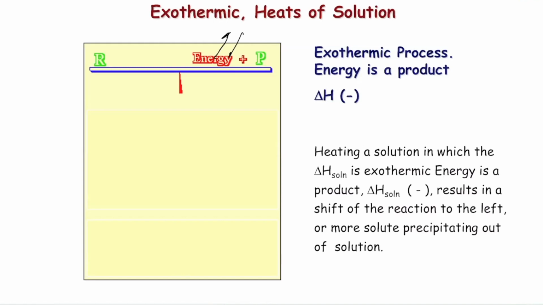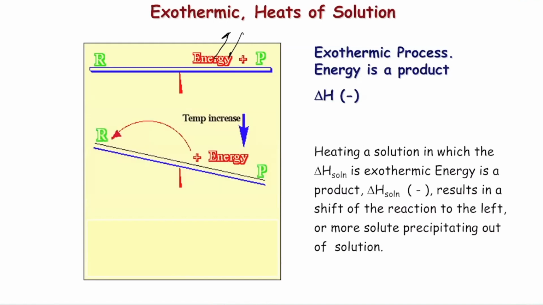So in exothermic and endothermic reactions, if you want to visualize what's going on, you can think of energy for exothermic as a product. And then you can see that in terms of increasing temperature, you're adding more energy to the product side. Yes, you're adding energy across the solution. When you have a test tube with reactant and product, and you increase the temperature, you certainly increase the temperature for both reactant and product.